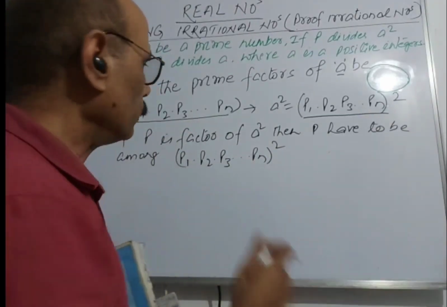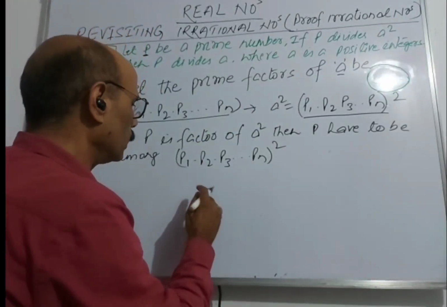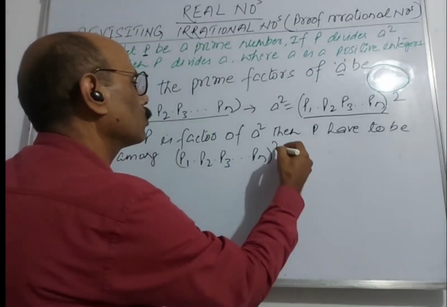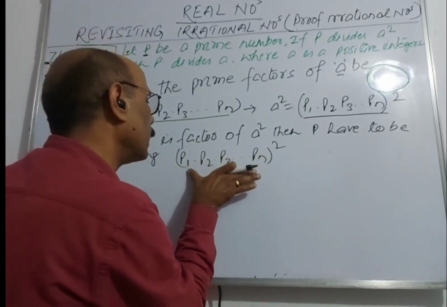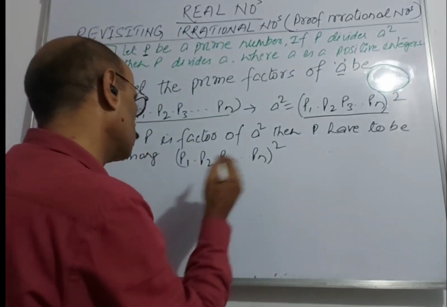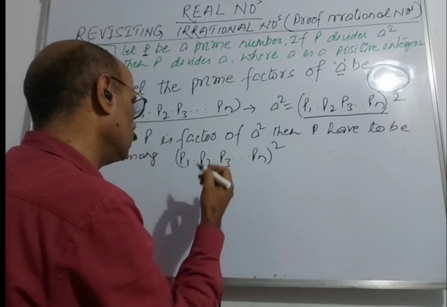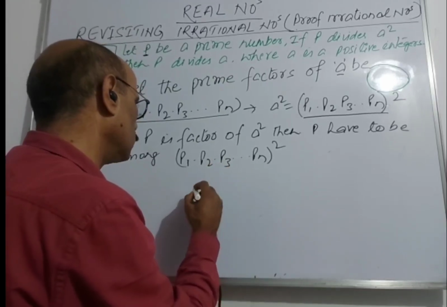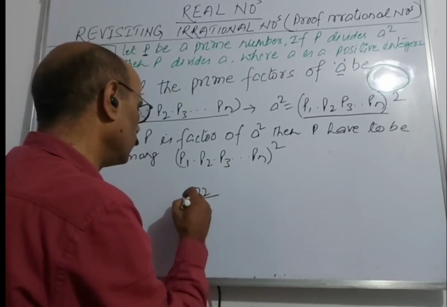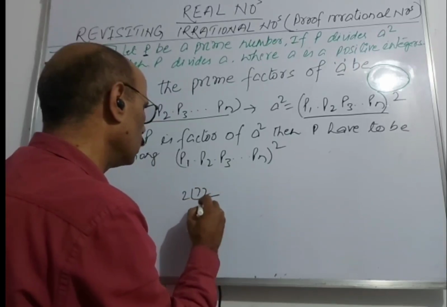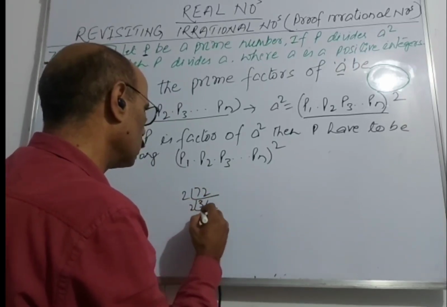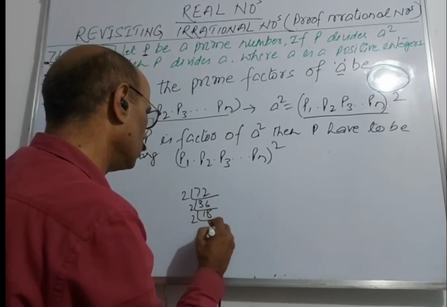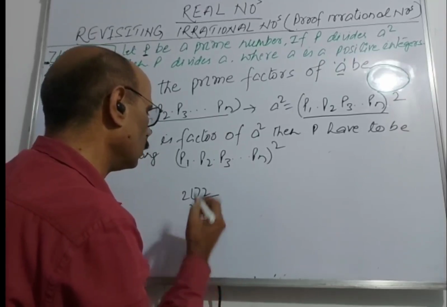Already we understood that for any number in square form, the prime factors have to be in the base. Suppose you take any number, 64, or any other number, 72. Do the factorization. क्या हो गया? तीन दूनी 36, 18 दूनी 36, 2 9 दूनी 18, 3 3 9.